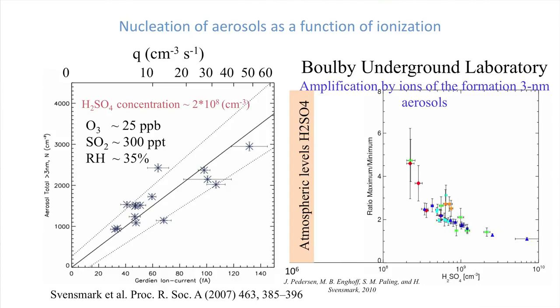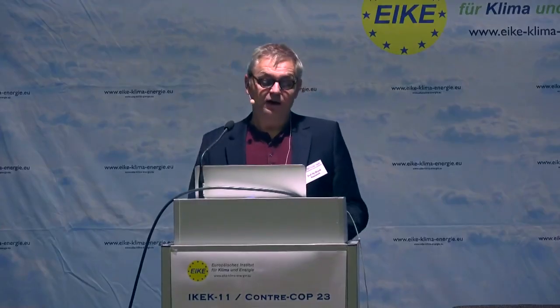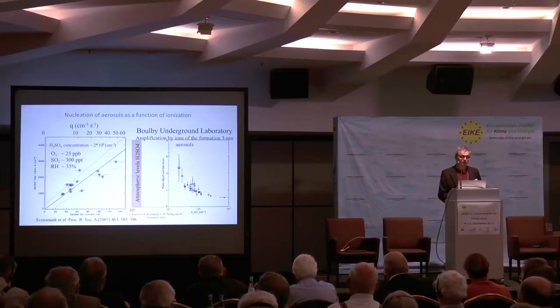And you see that here, for a certain ionization, the nucleation from ions is actually 5 times larger than the nucleation that you get at high sulfuric acid. And if we move to the very low sulfuric acid, which we have in the atmosphere, it means that nearly all nucleation is happening on ions. So ions are extremely important for this nucleation. So we can show experimentally that ions are extremely important.